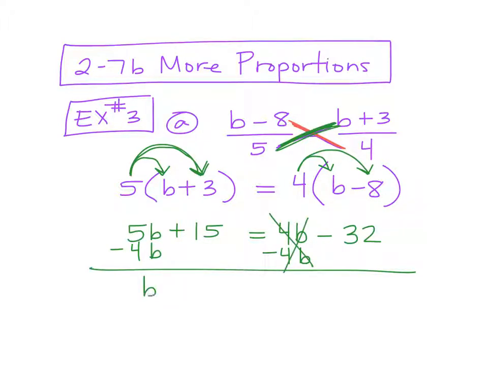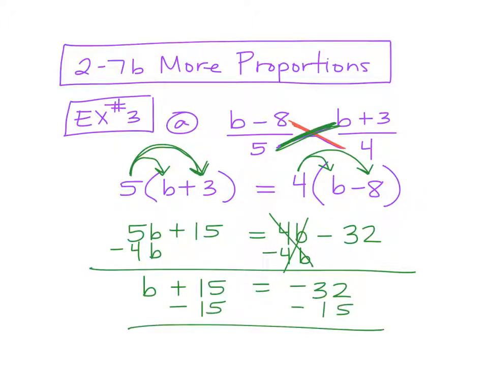Now we have 1b, which you can just call b, plus 15 equals negative 32. Okay? Now you subtract 15. This is gone, so b equals negative 47. Okay? Does that make sense? Yep.